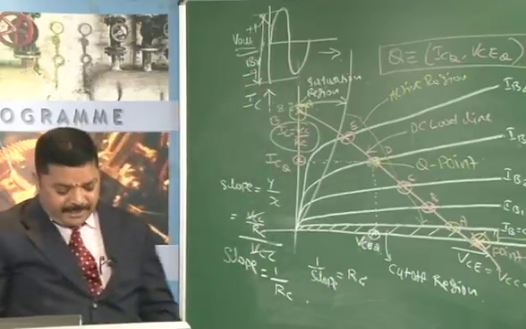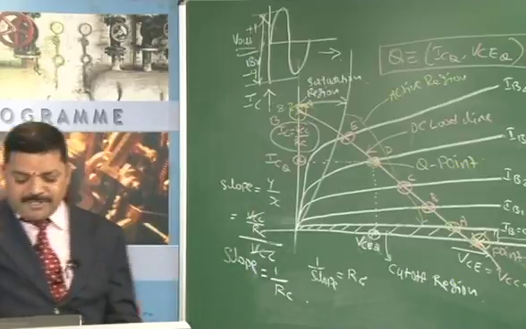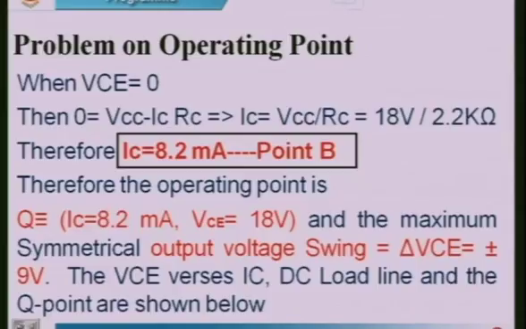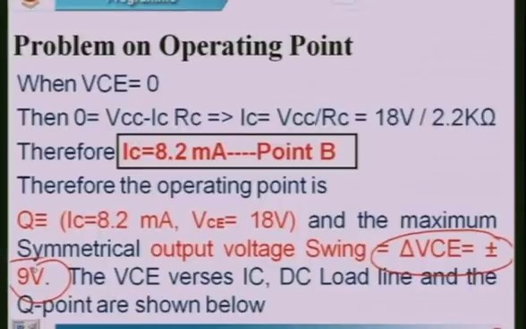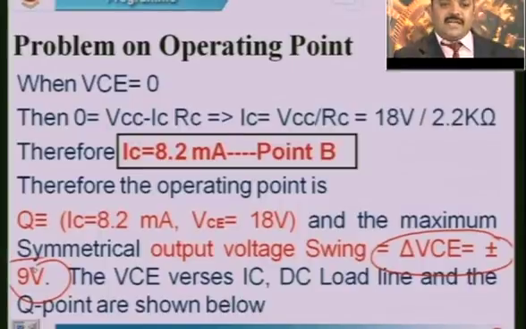Therefore, the maximum symmetrical voltage will be plus or minus 9 volts. Here I have marked plus or minus 9 volts. The VCE versus IC graph, DC load line and the Q point for this problem are shown in the figure below.